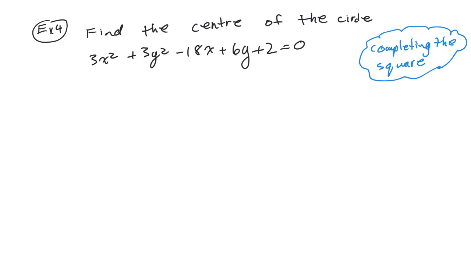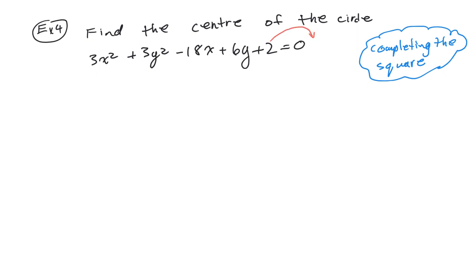When we're solving this problem, we need to put all our pure numbers to the right side of the equation. So this is the equation: 3x squared plus 3y minus 18 plus 6y plus 2 equals 0. So the first thing I'm going to do is I'm going to take this 2 and move it over here.